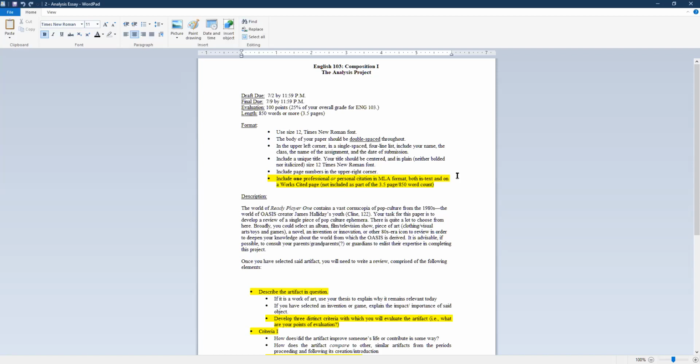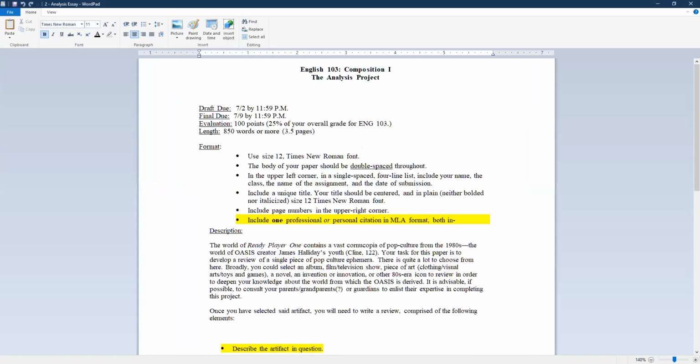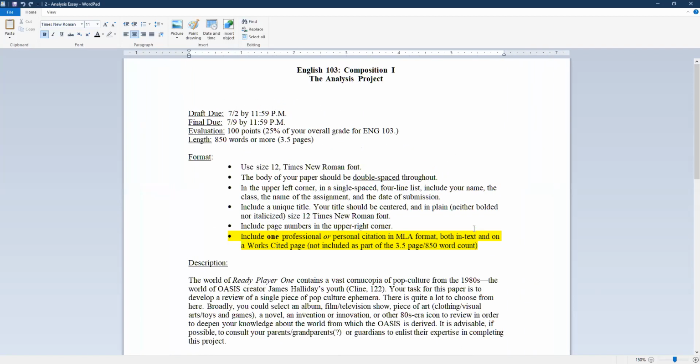And let's take a look at the descriptor. Obviously, it's 850 words, so that's not quite 4 pages. It's a little bit more than 3 pages though. So rather than say 3 1/4, I just said 3 1/2. It's probably going to be closer to 3 in a paragraph or 3 1/4 on the next page.